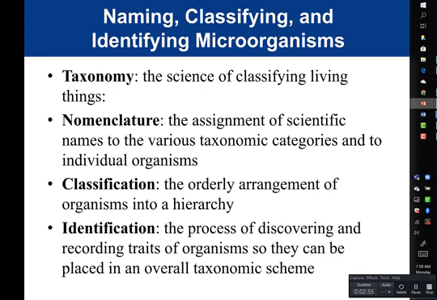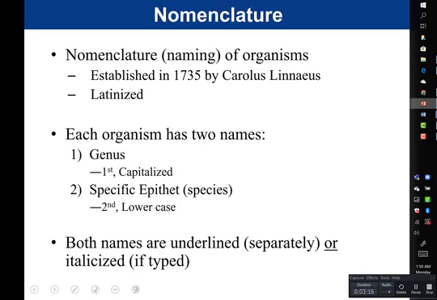Identification is the process of discovering and recording traits of organisms so that they can be placed into an overall taxonomic scheme. And so it's important that we figure out what are these characteristics that group different organisms together. So when we talk about nomenclature, again, nomenclature or naming of organisms was established in 1735 by Carolus Linnaeus.